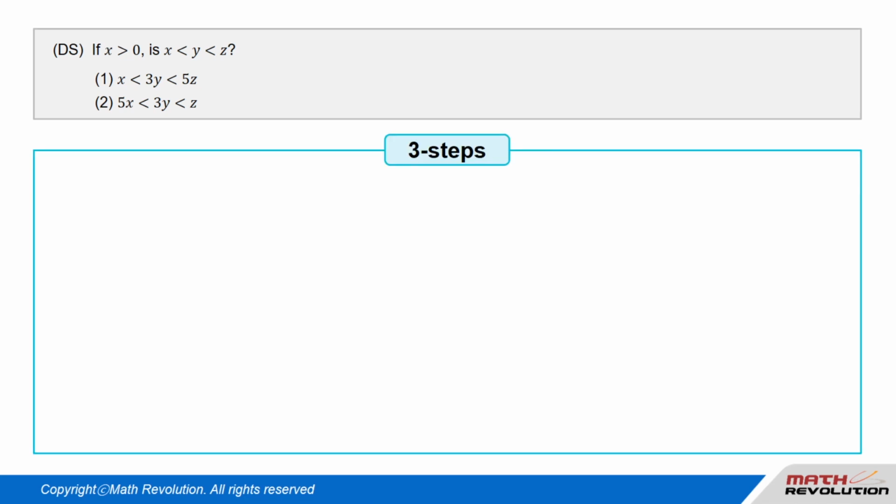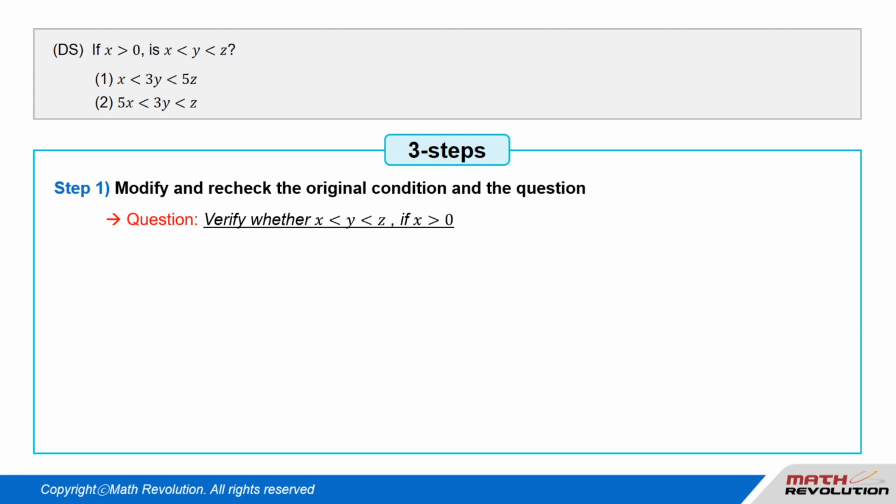Let's apply the 3 steps of the variable approach. Follow the first step of the variable approach by modifying and rechecking the original condition and the question. We are required to verify whether x is less than y, which is less than z, if x is greater than 0.